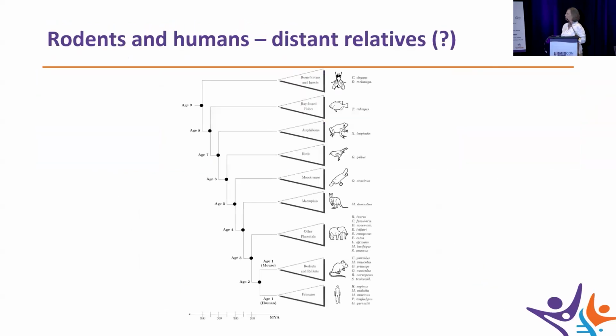Okay, so I wanted to also point out that even though humans and mice are, of course, very, very different, if you think about the whole animal kingdom, we're actually pretty closely related. This is a diagram showing the millions of years between when we had a common ancestor.